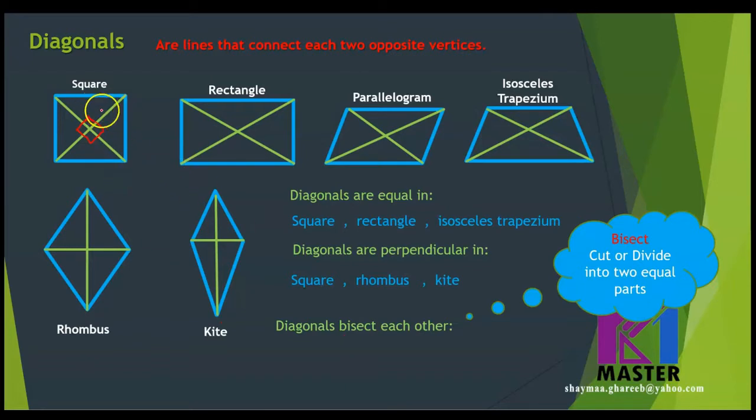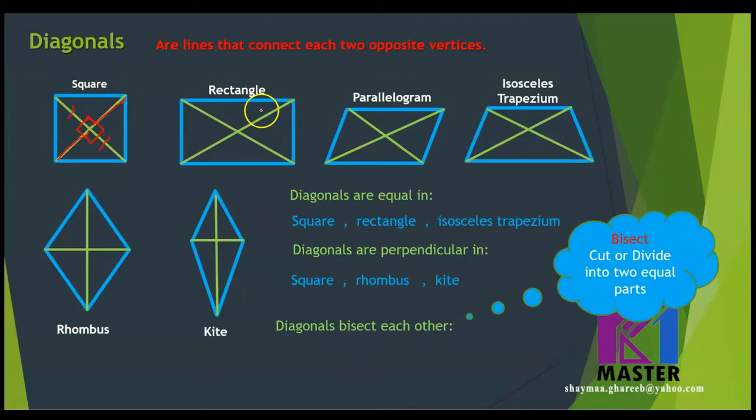Now let's check. In the square, look at this part of this diagonal, exactly the same in length as the other part of this diagonal. And what about the other diagonal? This part is exactly the same as the other half. So diagonals bisect each other.